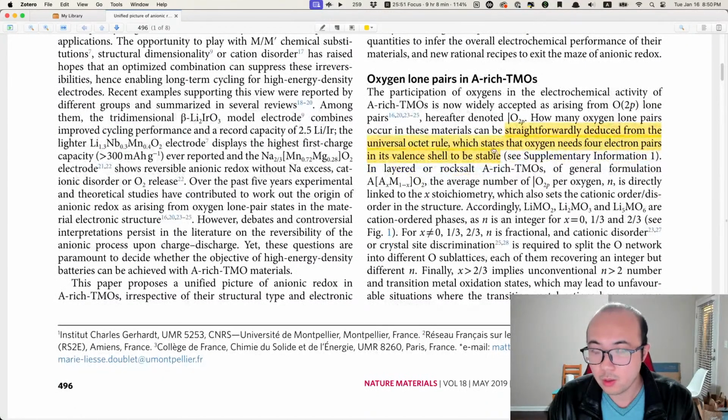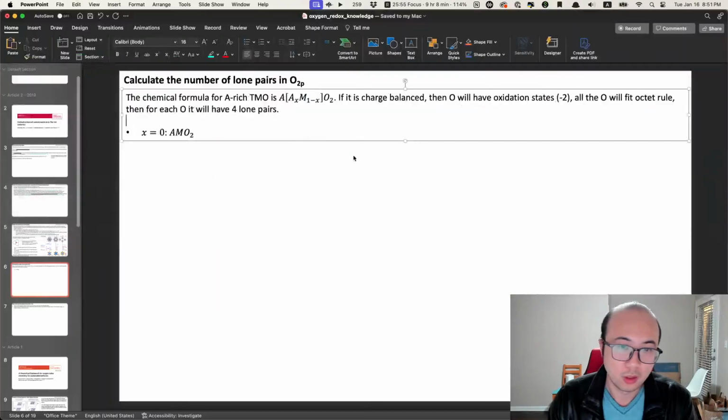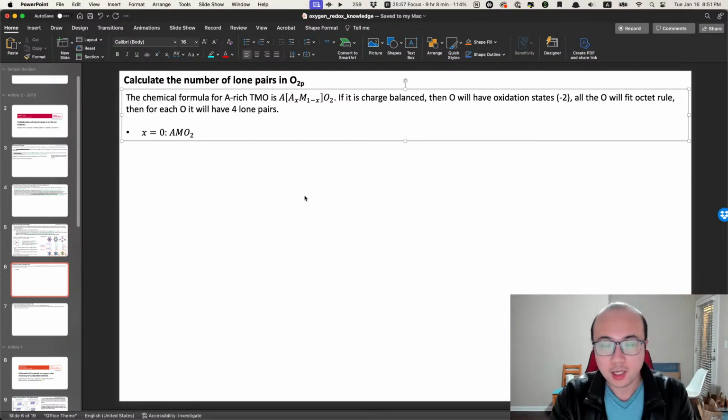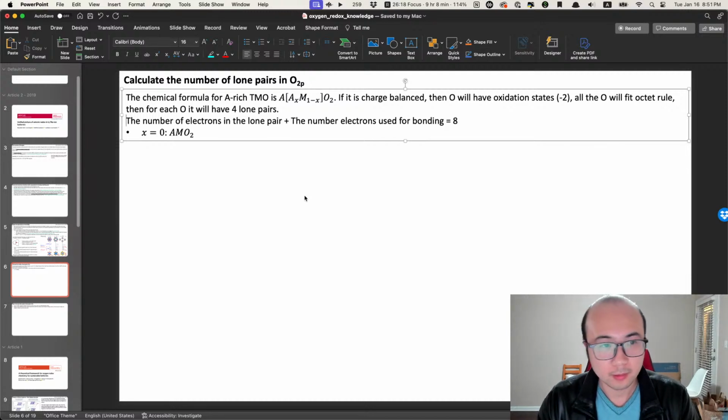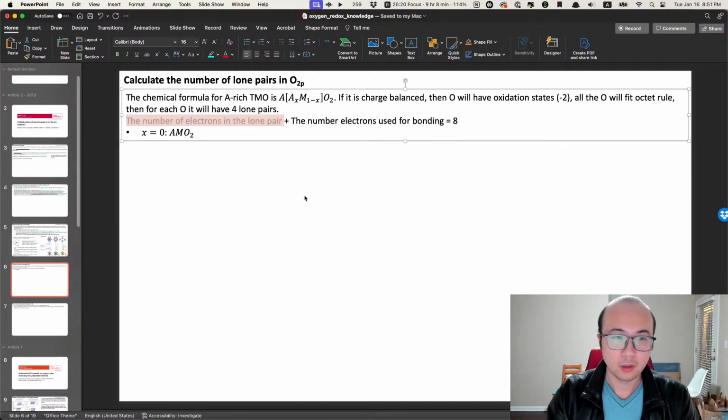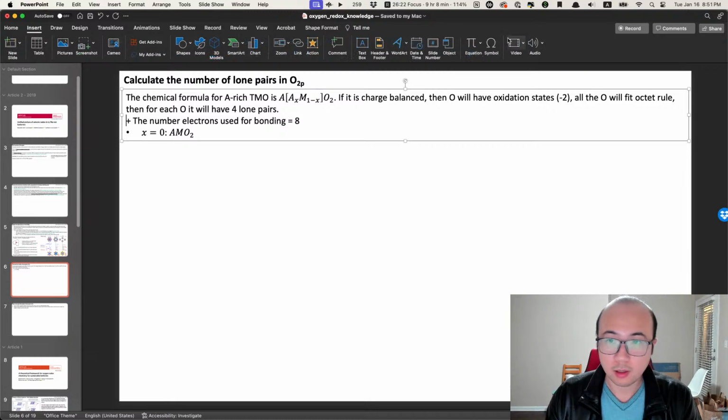Okay, so they think that's the universal octet rule. So basically it means that the number of electrons in the lone pair plus the number of electrons used for bonding equals 8. Okay, let's write it more mathematically.